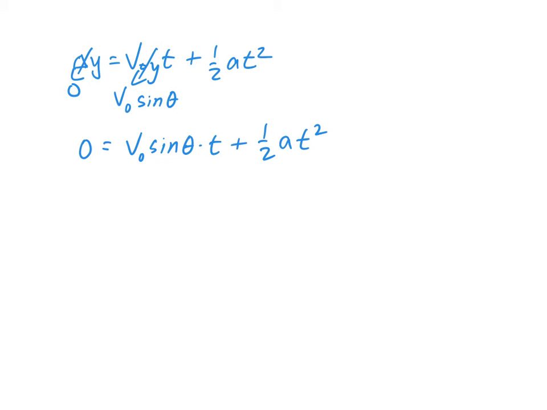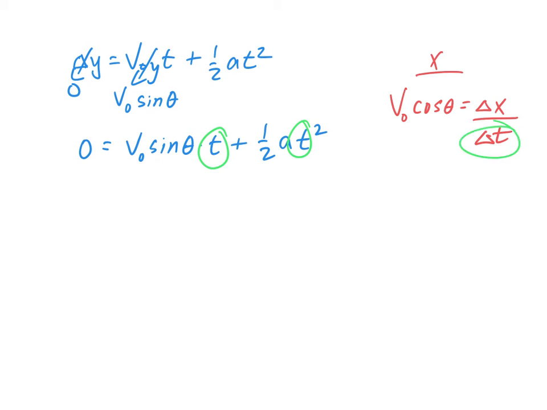Remember, in the x direction, from the previous page, I had v0 cosine theta equals that delta x, the range that I'm trying to solve for, divided by time. So here's the issue: I don't have the time interval, and it's an unknown, so I've got to get rid of that out of the equation.